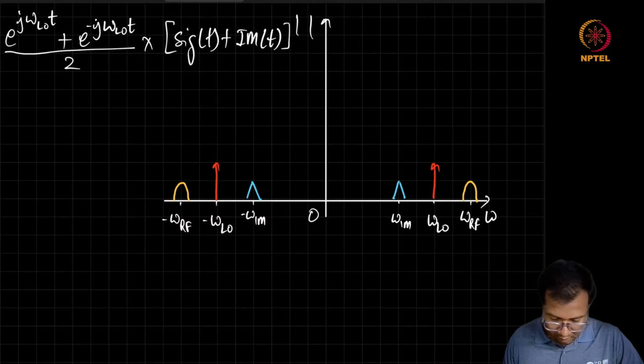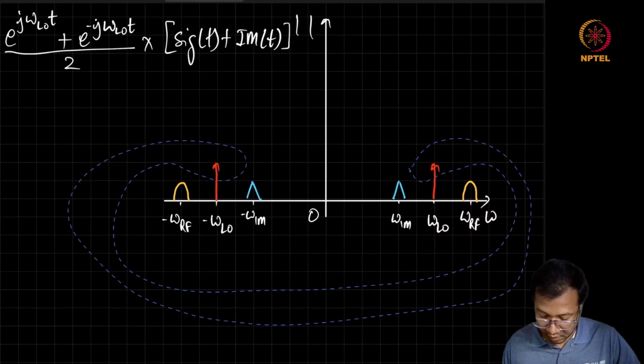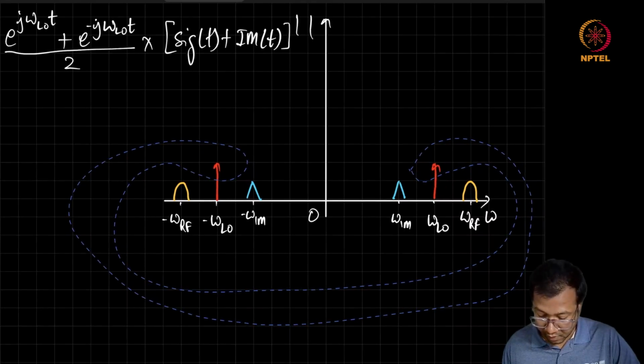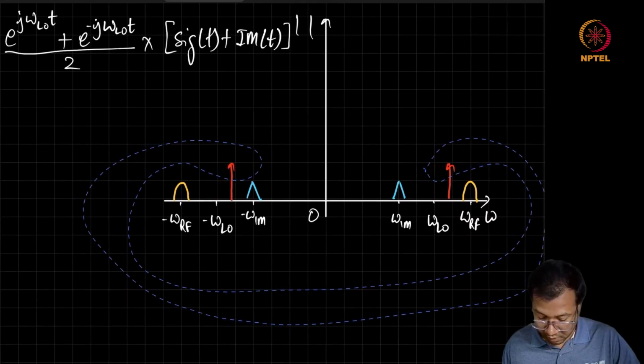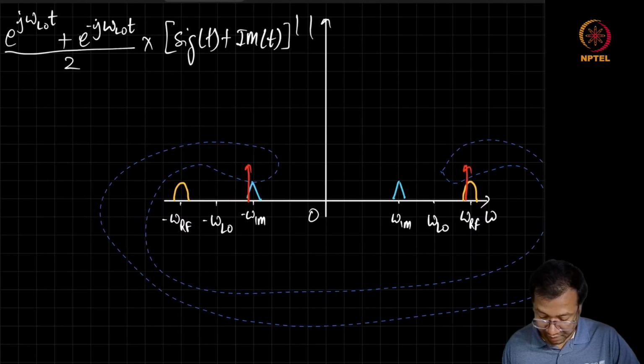As we can see, each of these complex exponentials multiplying with the signal in the time domain is the same as convolving with our desired signal and the image signal in the frequency domain. Convolving, in our case, just means flip the spectrum and start moving this LO signal, first let's say on the right side.